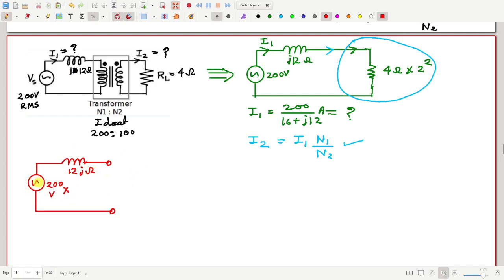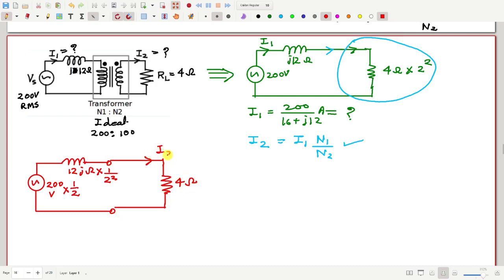For that, I multiply the voltage by N2 by N1, that is 1 by 2, and the impedance by (N2 by N1) whole square, that means half square. That is the primary circuit referred to the secondary side, and I keep the secondary side as it is. Then you connect it directly.